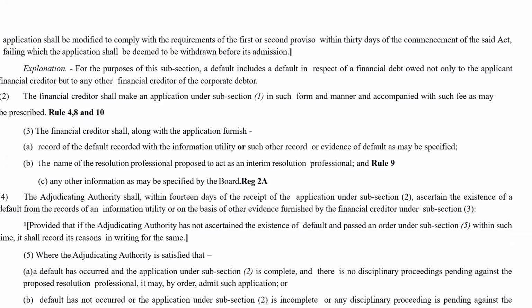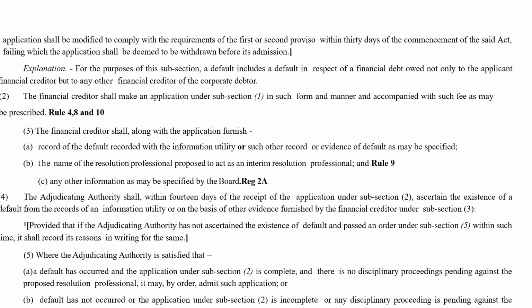Okay. The financial creditor shall, along with the application, furnish the record of the default recorded with the information utility or such other record or evidence of default, and the name of the resolution professional. Another important thing here is that when you file the application as a financial creditor or as a corporate debtor, you have to give the name of the resolution professional you propose to appoint as IRP.